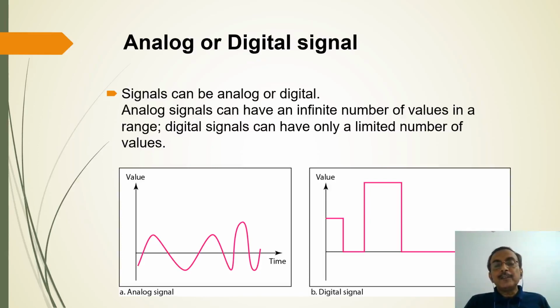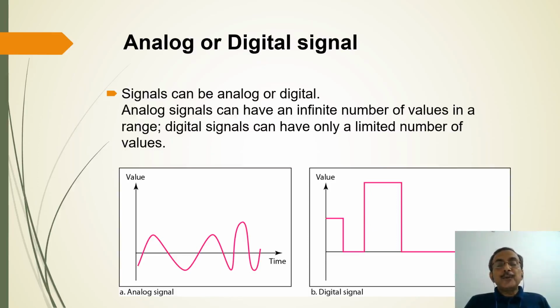While in the case of digital signal, the amplitude values are discrete, well defined, and the signal values are actually obtained at specific sampling instants. So this is the basic difference that we do have.